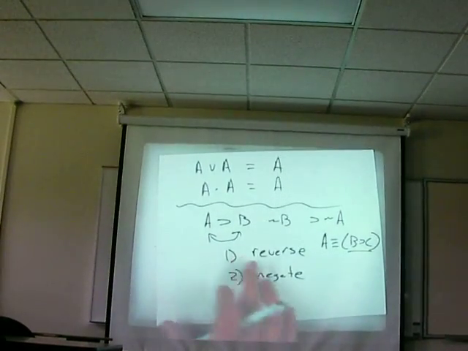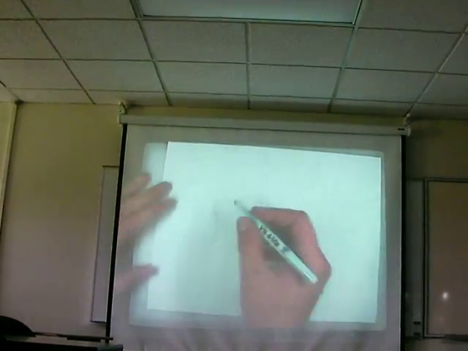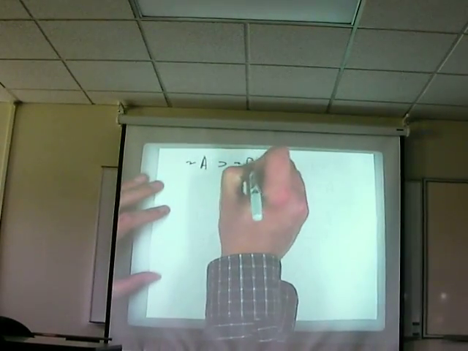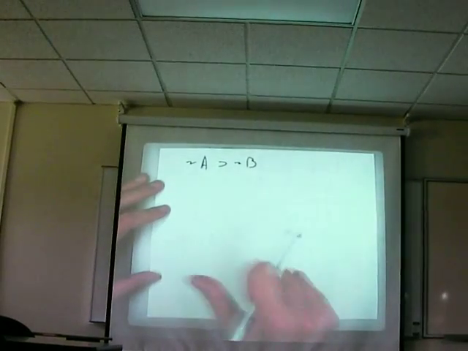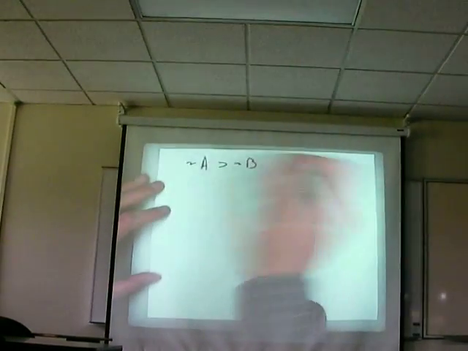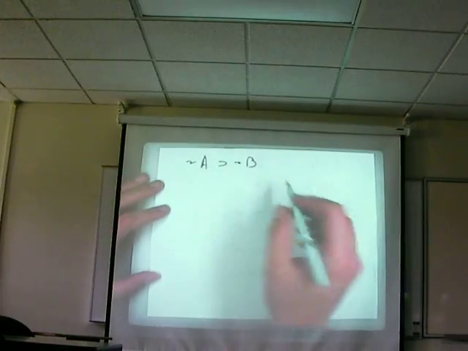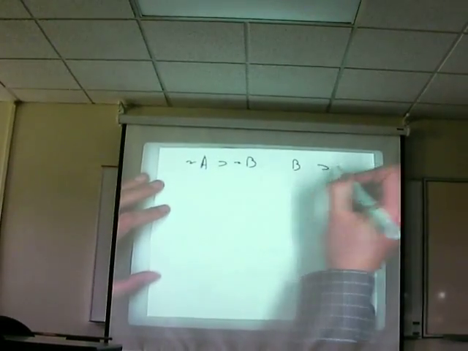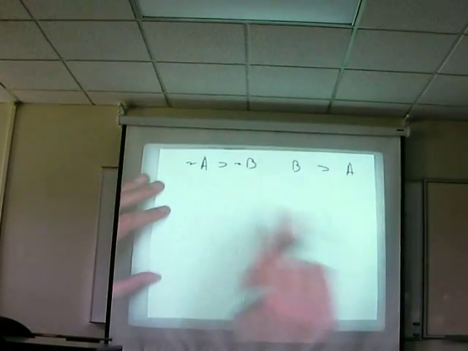Let's go over one last case when it comes to transposition before we move on to our next rule. Suppose that we started with something that's negated. What if we started this time with not A horseshoe not B? Well, same basic rules apply. First of all, reverse the order, flip the order if you like, of the antecedent and the consequent. So the B would become the antecedent and the A the consequent, and also negate.